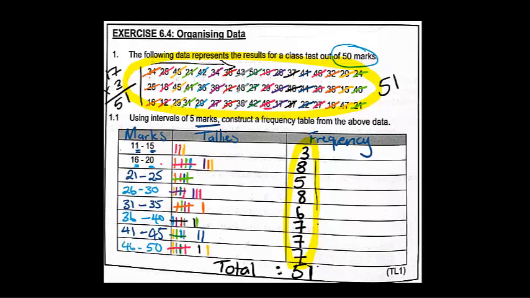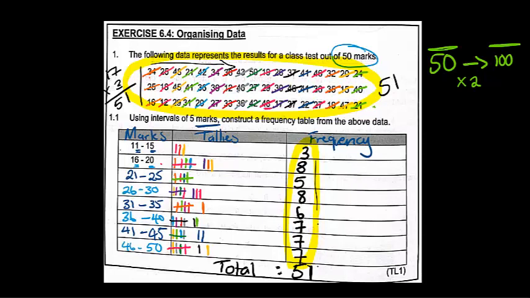If I say I've got 50 marks and I convert 50 marks to percentages, my mark is going to be out of 50, and when it's a percent, it's out of 100. To go from 50 to 100, I need to times 2. Do you agree with me? 50 times 2 gives me 100. So for me to get a percentage, it needs to be double the mark that you get at the end of the test.